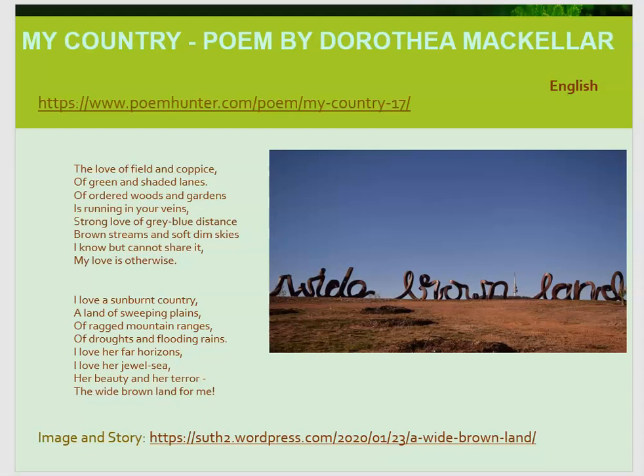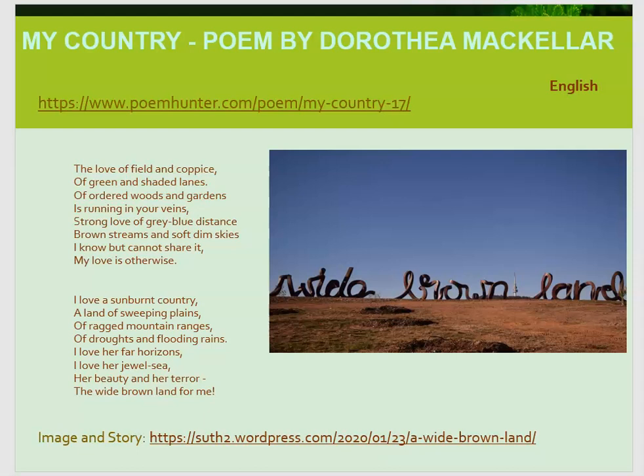When we look at curriculum areas like English, however, and country, we might also look at the storytelling and the comparative storytelling of poets. And this, of course, is Dorothea McKellar, who's written about my country.